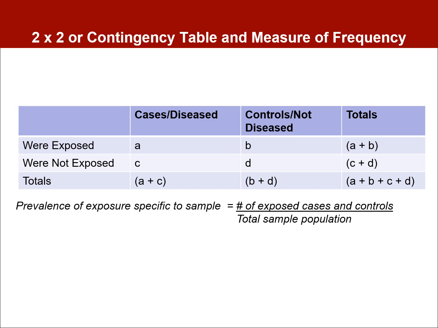So here we have the cases, we have the controls, and then you have the exposed and non-exposed. Regardless of how you choose to set up your table, there are certain things that you need to know. Sometimes some of you memorize these formulas based on this table, but you have to know where each one lies, and I'll explain it on the next slide.